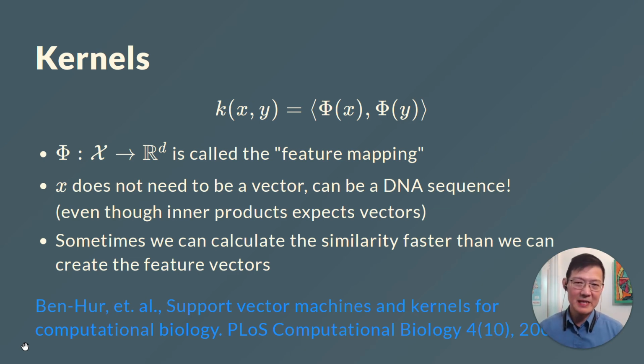They may be DNA sequences, for example. I take a mapping, which in the kernel literature is usually called phi, the feature mapping. So I take the object I'm interested in, say the DNA sequence x, map it into some sort of vector, like we did with k-mer counting, and then I take the inner product between the two vectors.